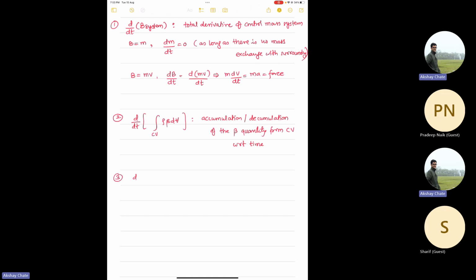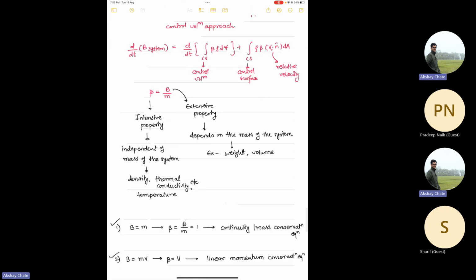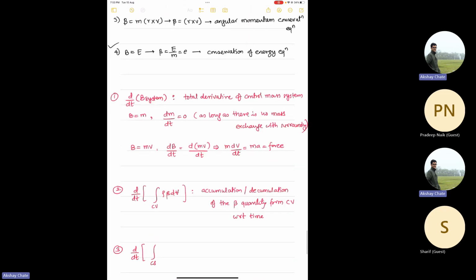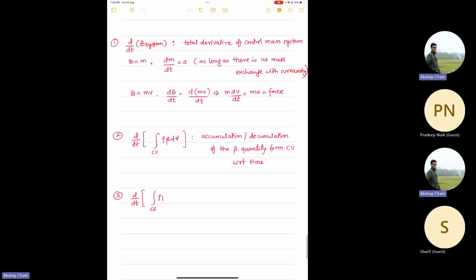which is again a time derivative of a surface integral, I have written in a very concise form here so that it becomes easy to write the equation, but it can be written as two parts, because this is a surface integral.